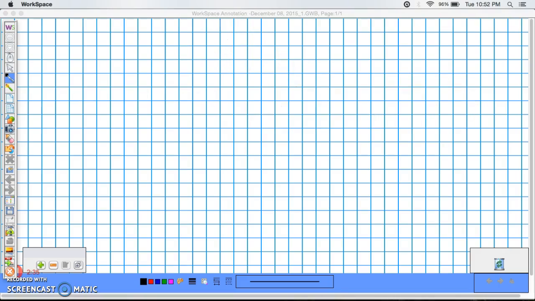Let's try another one. And again, be sure you pause the video to write down your notes. The second example is we're going to have the whole number 7 subtracted from 1 and 55 hundredths. Now this one shouldn't be tricky, but it kind of is.